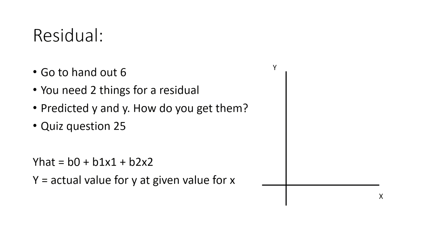But before I use that example, I want you to know that when you see a question about a residual, there are 2 things that you need. You need the predicted y and the actual y. And your whole process is just about how to get the predicted y and the actual y.